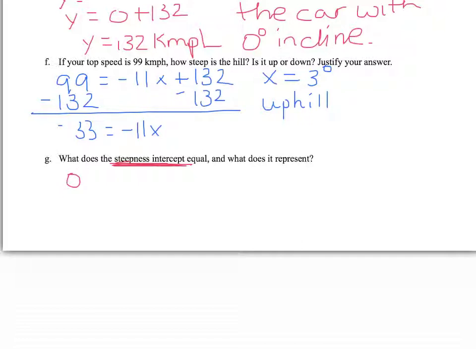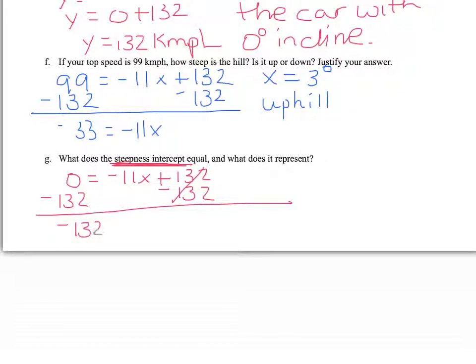So if I put 0 in for y, what this means is that with 12 degrees of steepness, your car is not going to go anywhere. You'll have 0 speed.